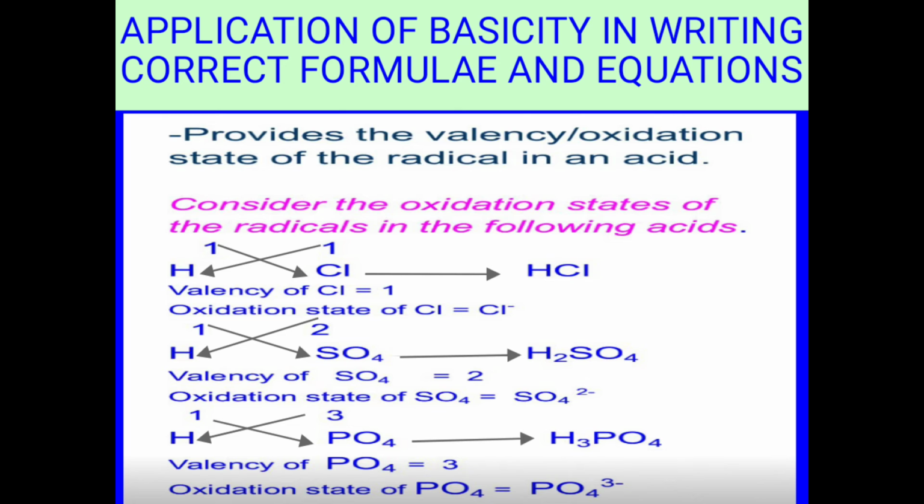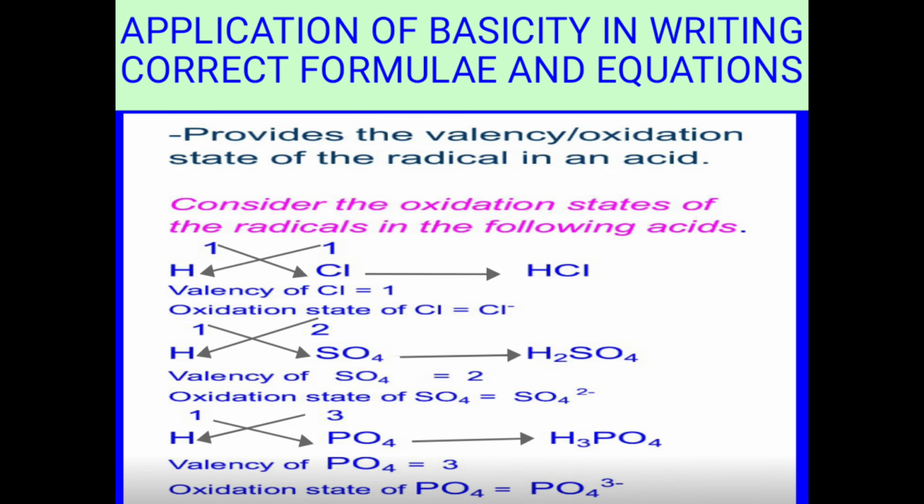Some of the solutions provided to us in a practical may have their real formula, while others may have some unknowns. But even if you have an unknown in an acid, for example the radical, we shall be able to tell which valency or which oxidation state that acid is.